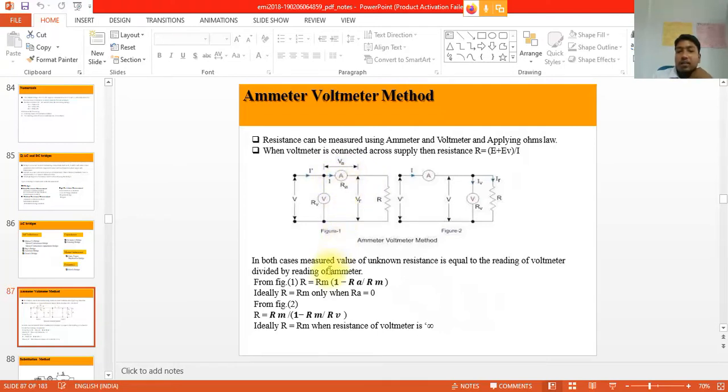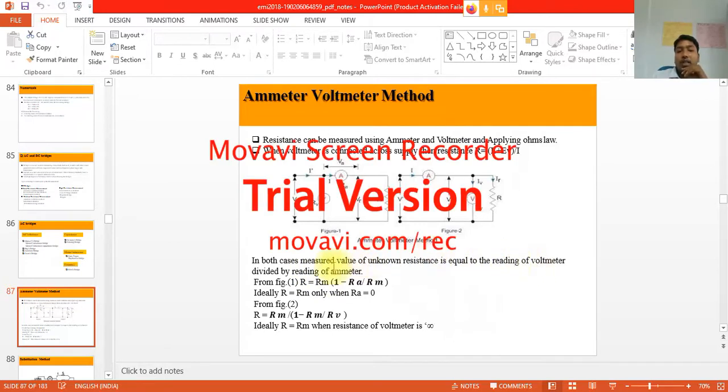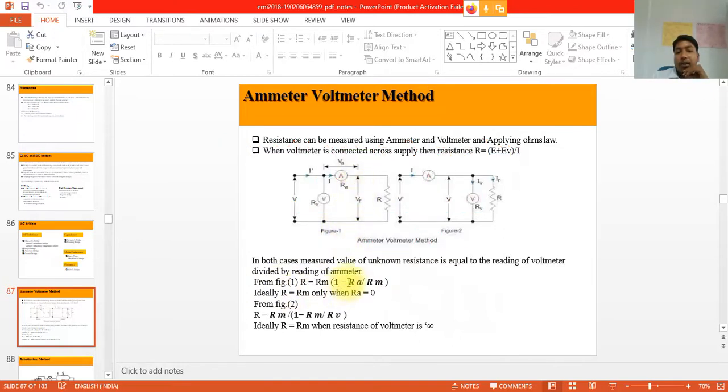In both cases, the measured value of the unknown resistance is equal to the reading of the voltmeter divided by the reading of the ammeter. So from figure 1, R is equal to Rm into (1 minus Ra upon Rm).